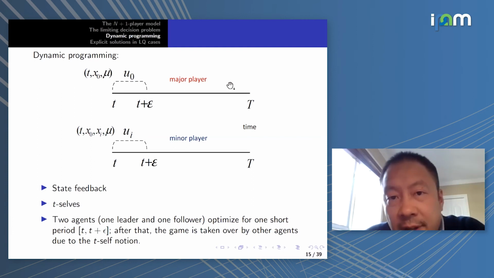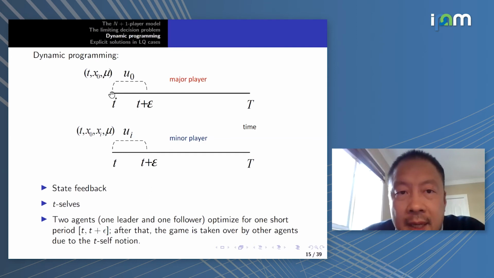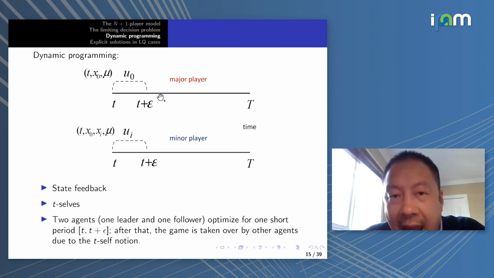For the future, it will be taken over by other players. The conceptual point is that at a different time t, even though this is one person called the major player, you actually interpret as different t-selves. We can think of this.